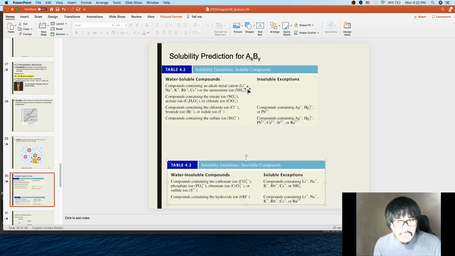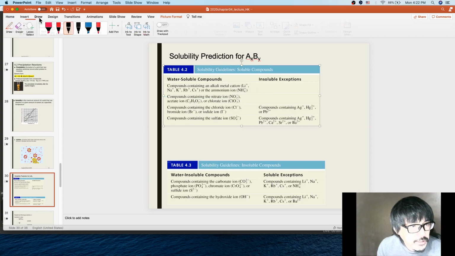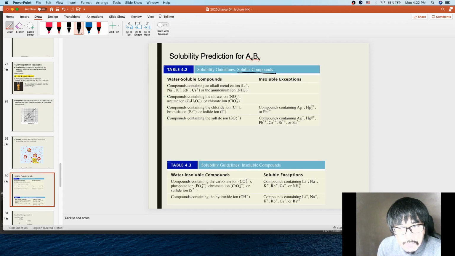The first table, this one right here, is the solubility table, the water-soluble compound table. Anything that's shown here is water soluble, and exceptions are given here. According to this, lithium combined with anything, for example OH, is water soluble. There are no exceptions.